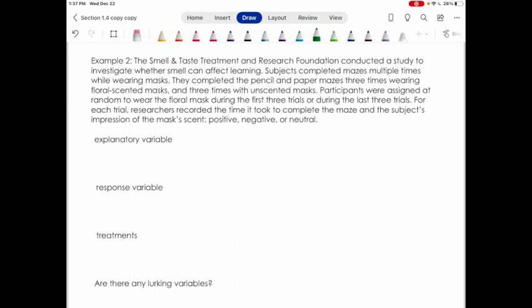So between the 2, the one that we are expecting or are curious to see if it's going to affect the other is the scent. So the explanatory variable is going to be the scent, while the response variable is going to be the time it takes to complete the maze.